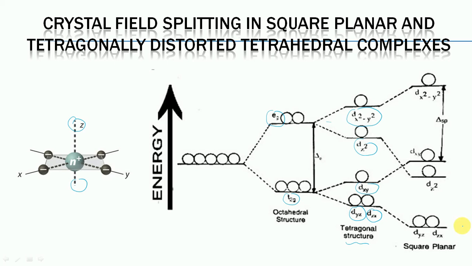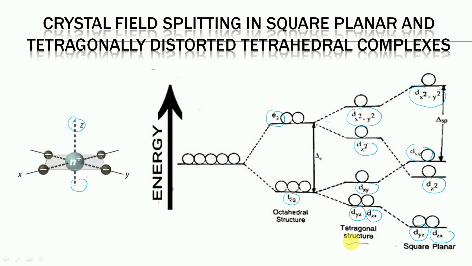And when trans ligands along the z-axis are completely removed, a square planar complex will get formed, and this causes a further increase in energy of dx square minus y square and dxy orbitals, and there is a further decrease in energy of dz square orbital and dyz and dzx orbitals.